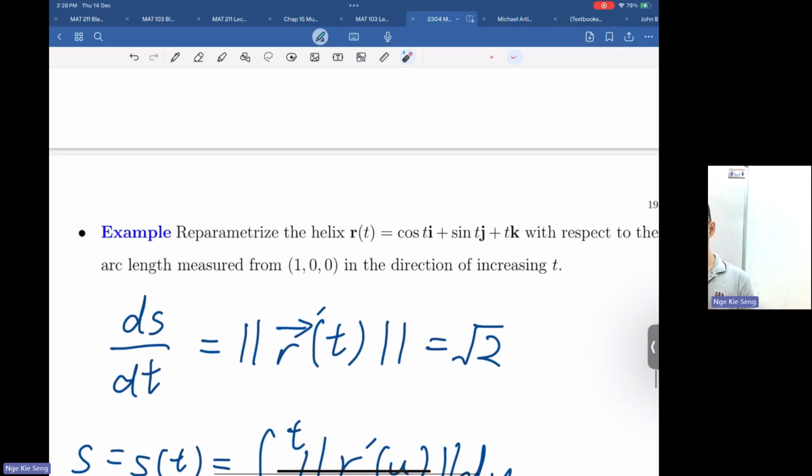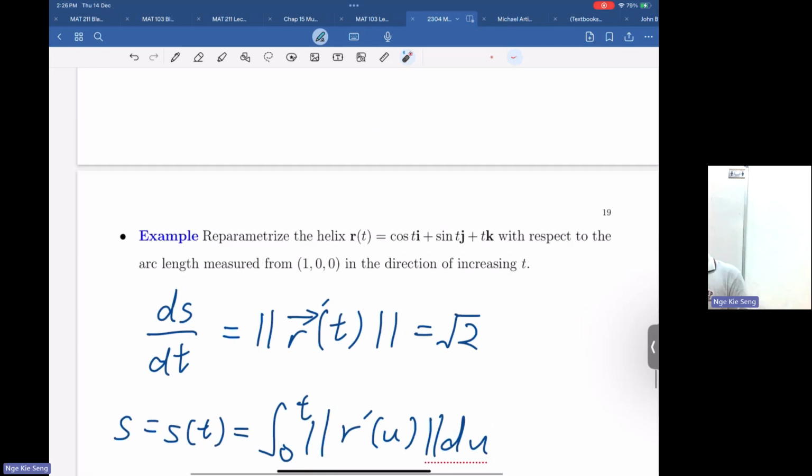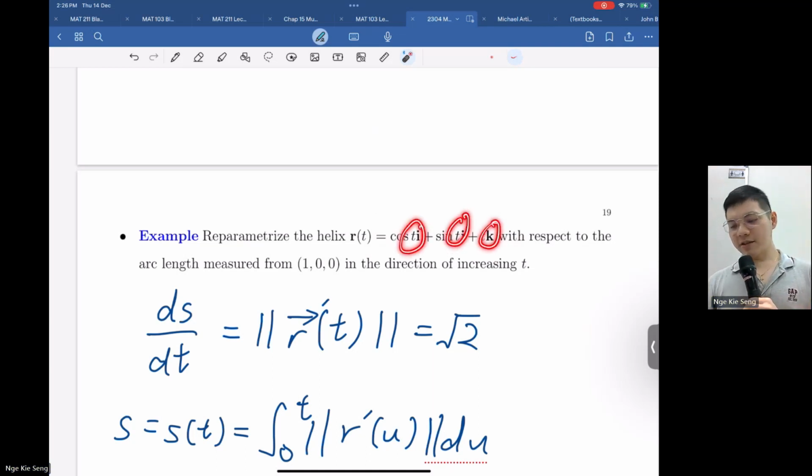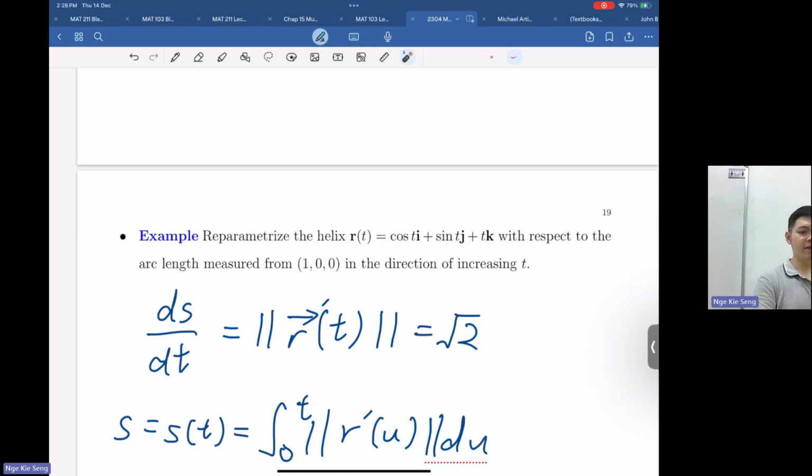We can use this to parameterize our helix. Just now you see that if I use this helix formula, I get something longer than 2 pi. I can adjust the time variable here. I'm not using t anymore, and then I can get back my length of 2 pi.